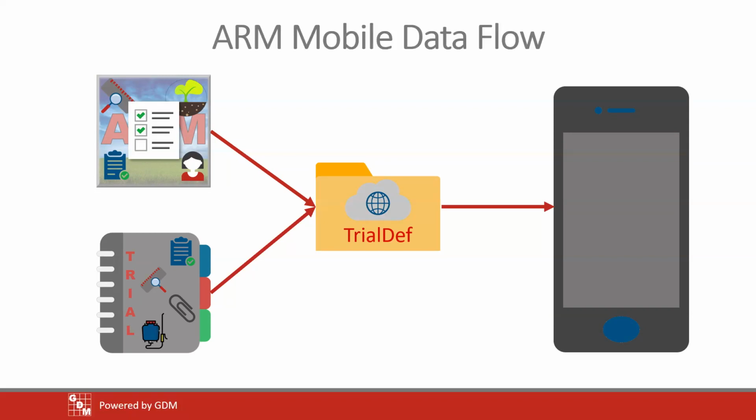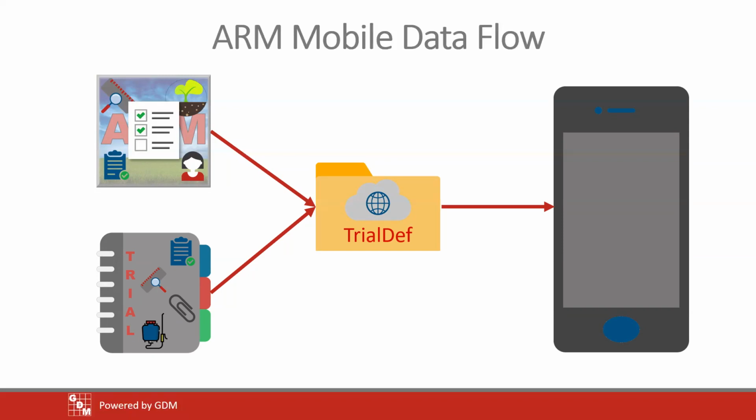Plot photos, there's a question. And when you take plot photos with the app, when it comes back into the trial, it does include the plot number. So when you take a photo, it's attached specifically to an assessment, which of course is for a specific plot.